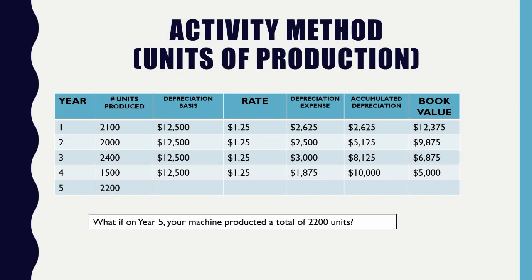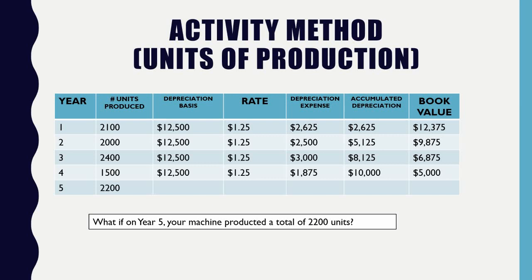Maybe the springs are not springing anymore. Maybe the technology doesn't run efficiently anymore, it's starting to slow down, the machine's overheating. So there are many problems when it reaches the end of its life. And if you do end up producing more, how would you depreciate it from here?